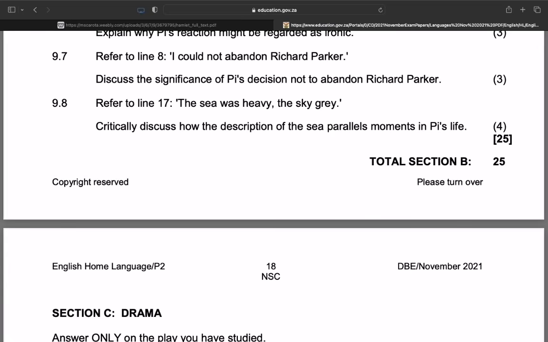Okay. You can even go on to say that by being able to coexist with an animal, Pi establishes his sense of humanity. He establishes his sense of humanity influenced by religion, of course. Okay.